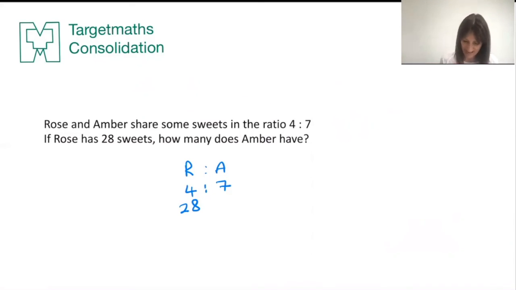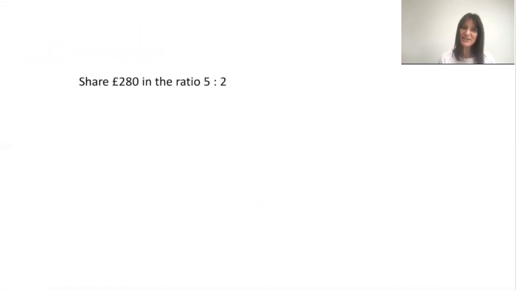It's a column I already have. Then I can just check it through. Timesing by 7 is what I need to be doing. So Amber has 49. And if that went well, awesome. And we've got another little ratio there. Hit pause, press play when you're ready.